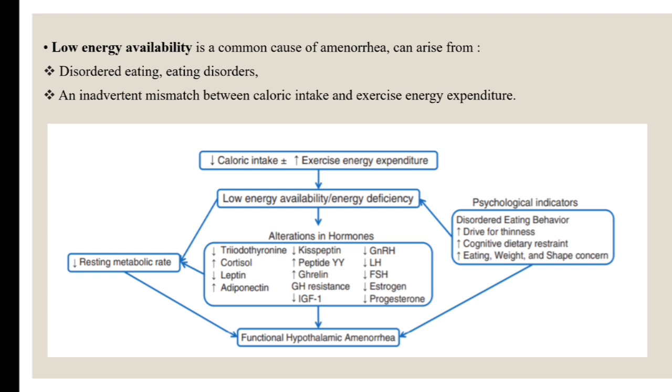Also, low energy availability decreases the resting metabolic rate. Further, if there are psychological indicators like eating disorder, increased drive for thinness, increased cognitive dietary strain, increased eating, weight and shape concern, that can also lead to hypothalamic amenorrhea.